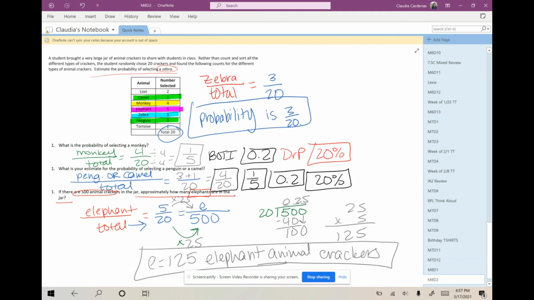When finding probabilities in a table, we need to remember to write the number of occurrences over the total number of occurrences as a fraction, and then we can simplify. We can also use this fraction to set up a proportion to predict if the total number of occurrences was different, what would then be that specific occurrence that we are looking for, like we did here for the elephant animal crackers. Let's try some more on our own.